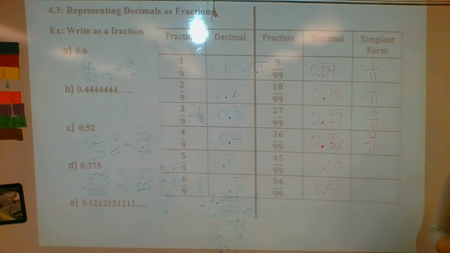If it's over 99, this time it's 2 digits repeating today. You may also see it though as something divided by 11. So 45 divided by 9 is 5, 99 divided by 9 is again 11, 54 divided by 9 is 6, and then 99 divided by 9 again is 11.